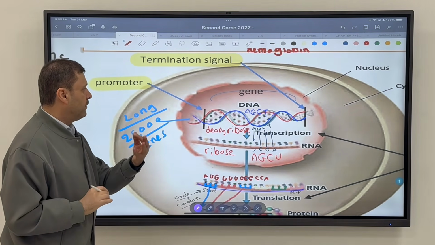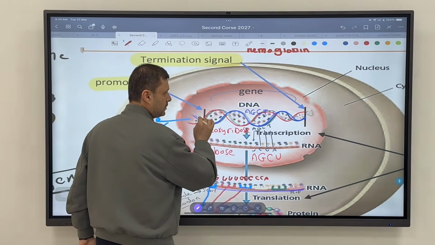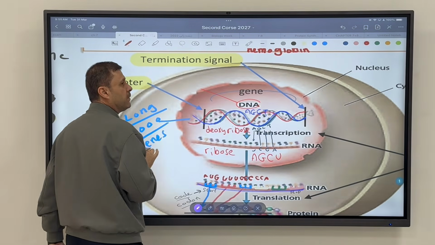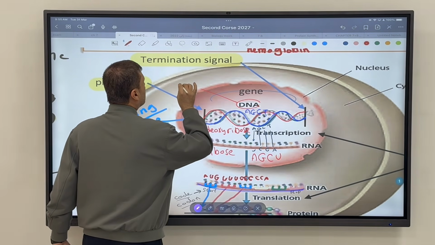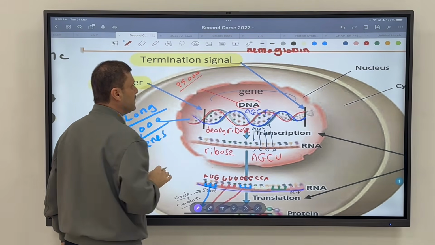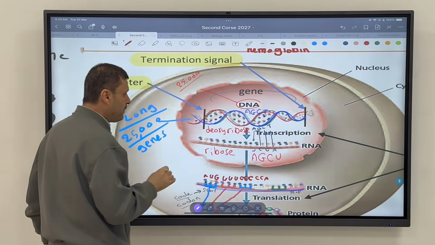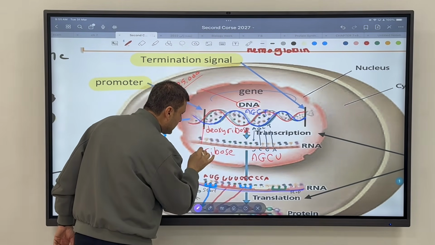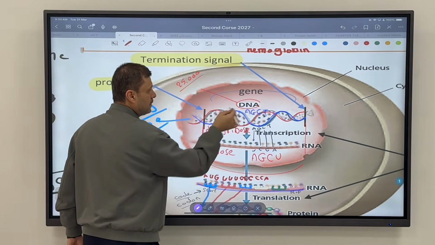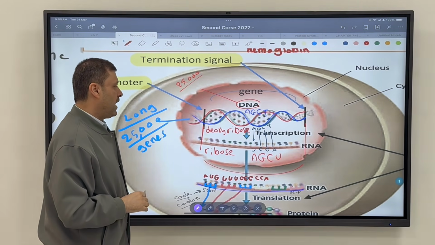Okay? Finally, DNA is very long. In human cells, it's about 25,000 genes, so it's very long, 100 or even 1,000 genes. But RNA is very short. The length of an RNA is only about the length of a gene. Okay, that's 4 differences between DNA and RNA.